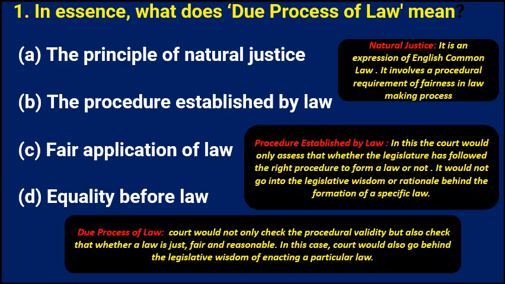But in 1978, Maneka Gandhi case, Supreme Court used due process of law to interpret Article 21, which is the broader concept of Article 21. Finally, Supreme Court said, even though due process of law is not mentioned in the Indian Constitution, it is the implicit part of procedure established by law.